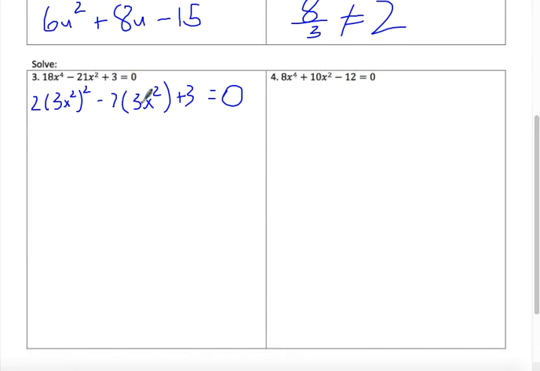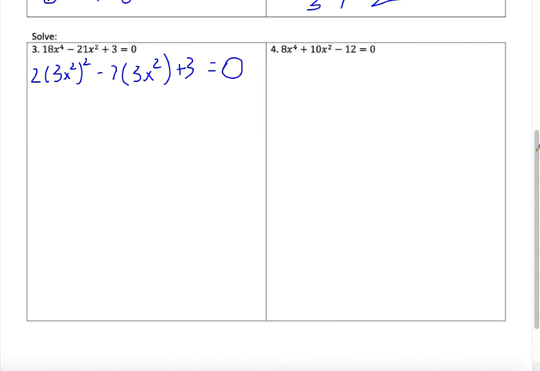So the reason I noticed that there's a 3 is 18 is divisible by 3 squared and 21 is divisible by 3. So that's how I know that the 3x squared is what I'm going to substitute for. So u is 3x squared. So I can rewrite this as 2u squared minus 7u plus 3, which is much easier to factor.